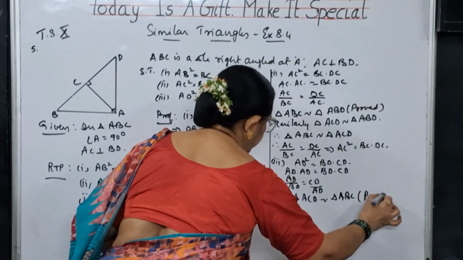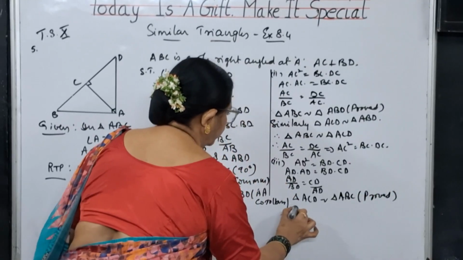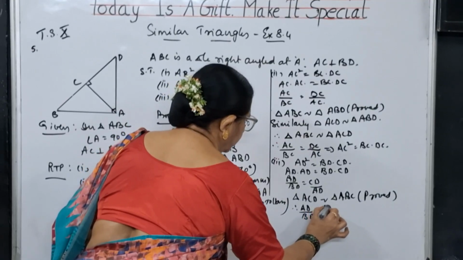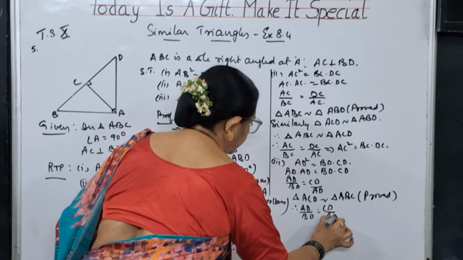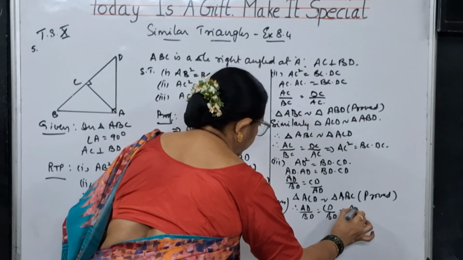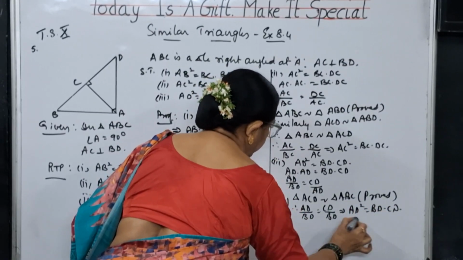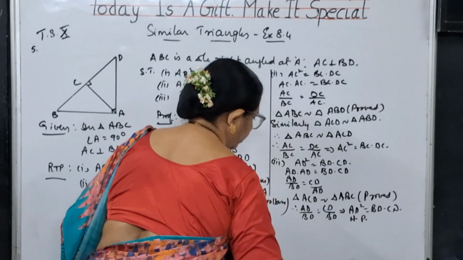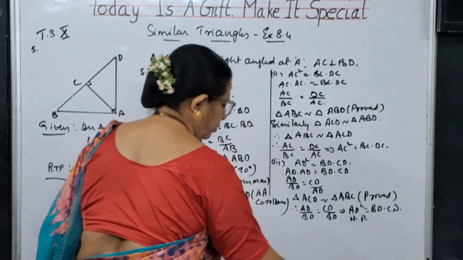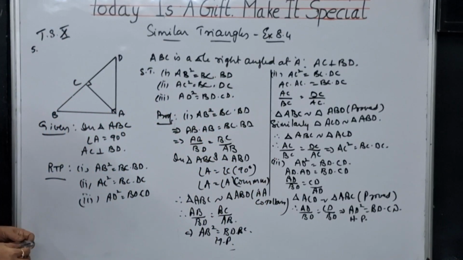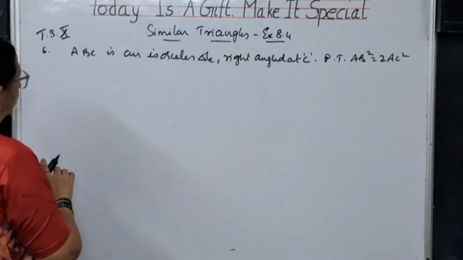Earlier we have proved it. Therefore, AD by BD is equal to CD by AD, which implies AD square is equal to BD into CD. Hence, proved. So, this is the proof of fifth sum, children.